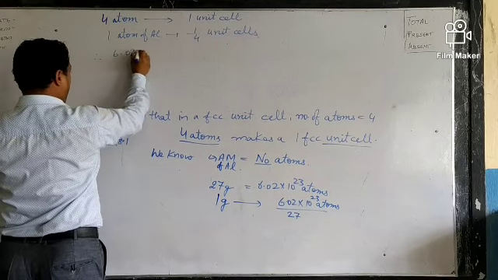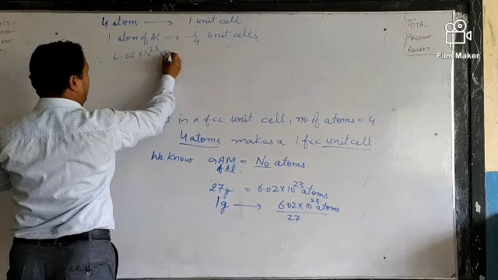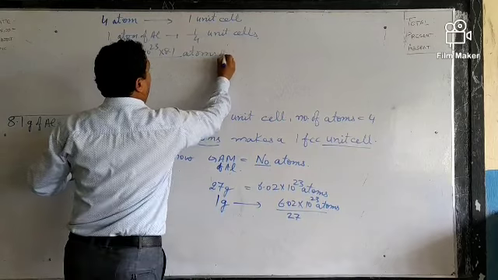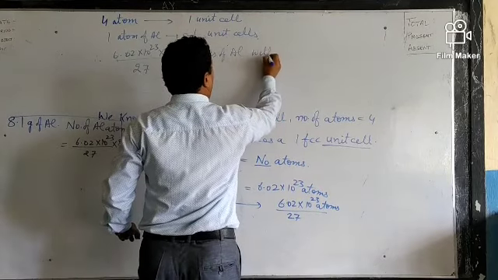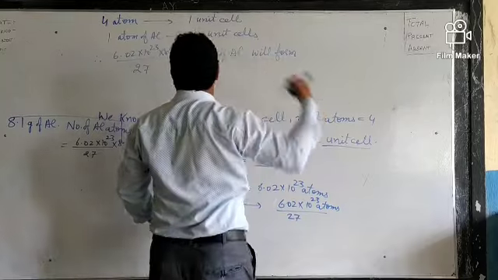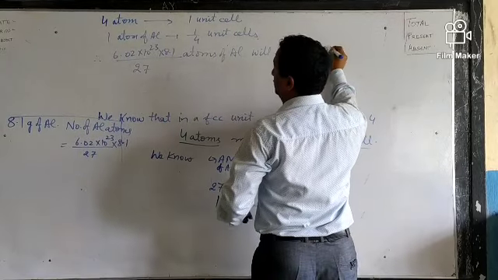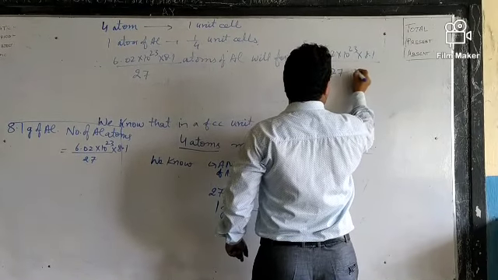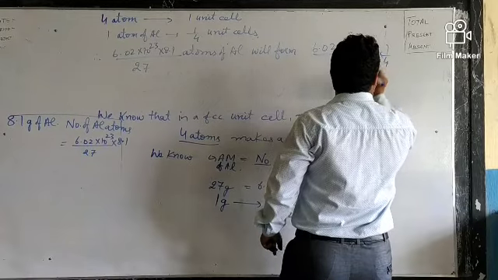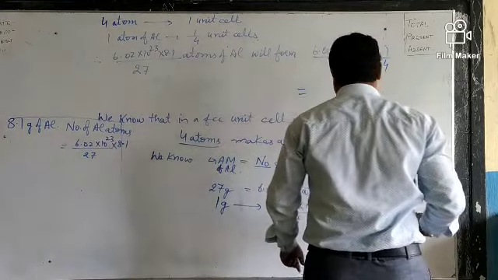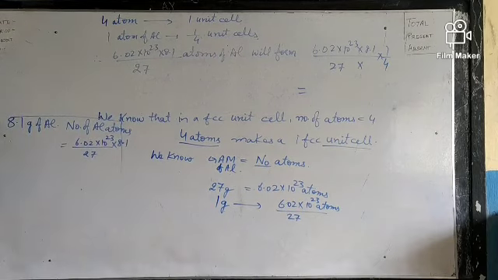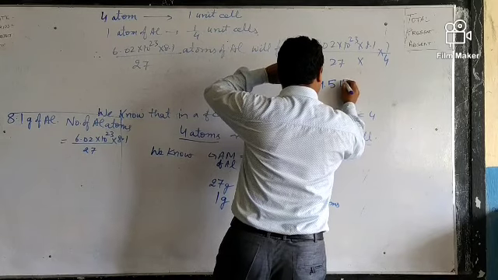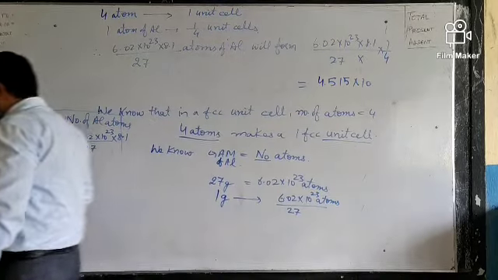Therefore 6.02 into 10 raised to power 23 into 8.1 upon 27 atoms of aluminium will form how many unit cells? 6.02 into 10 raised to power 23 into 8.1 upon 27 into 1 by 4. Solving this, the answer will come out to be 4.515 into 10 raised to power 22.